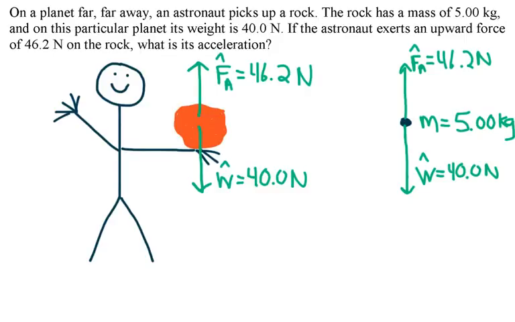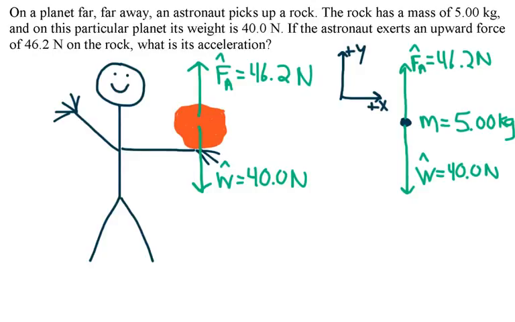So we want to set up our coordinate system so that one of our axes is parallel or perfectly lined up with both of these forces. Since we're starting off simple, it just makes sense to say that straight up is going to be our positive y, and directly to the right is positive x. So that's the coordinate system that we're going to use to solve this problem.